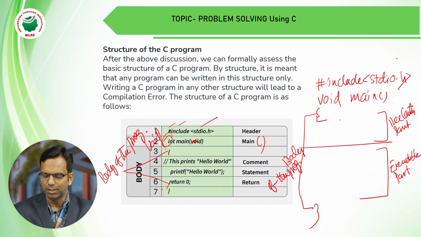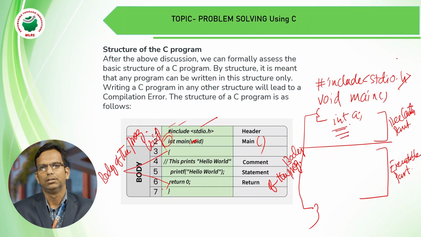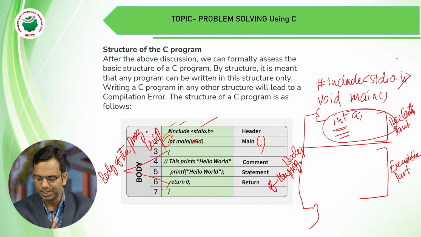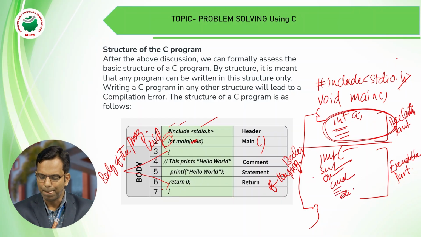In the declaration part, the data types, variables, and other declarations are written in this area. In the executable part, all printf and scanf statements, operators, condition statements, and other things can be written. So our program has two parts, the declaration part and the executable part.